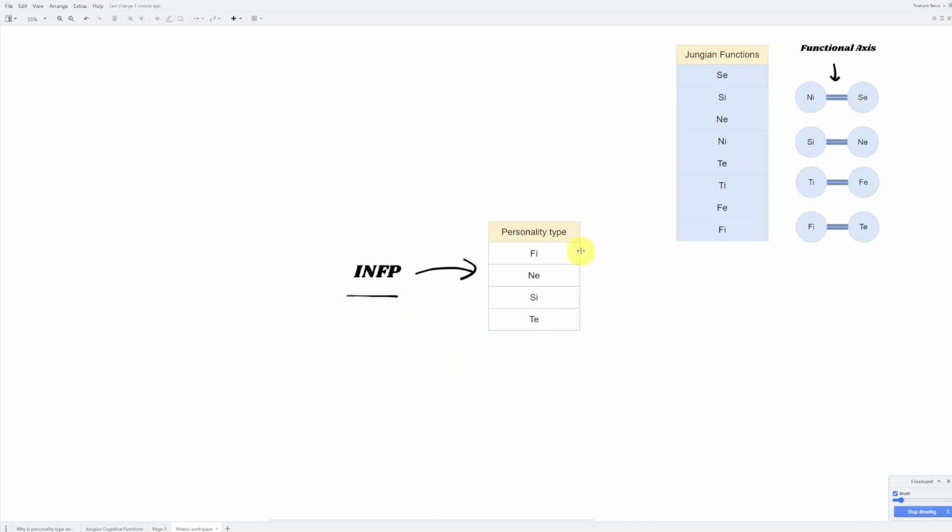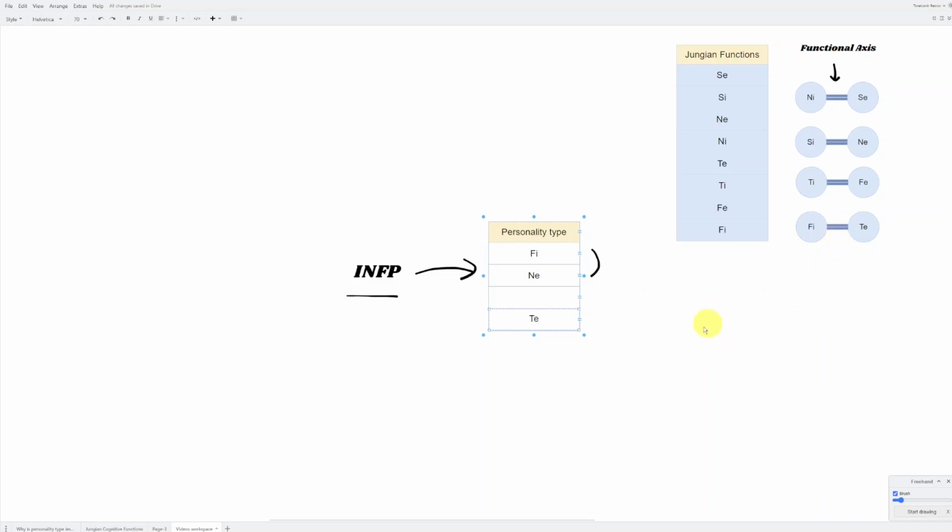First of all, if you look at your cognitive stack, we can notice that in order to uniquely identify your type, you don't need to know all 4 of the functions. You only need to know the first 2, since as we learned before, we have the functional axis rules, where if the first function is Fi, we know that the last function is going to be Te.